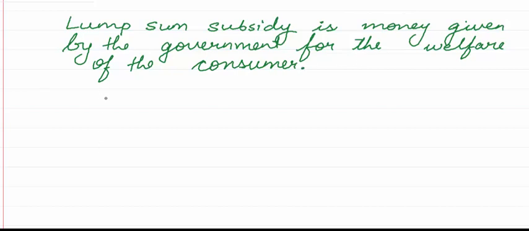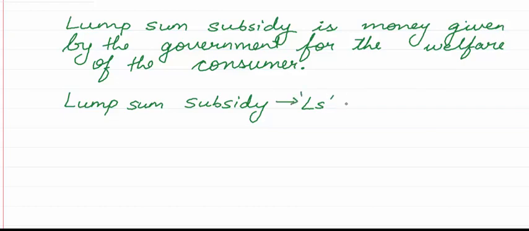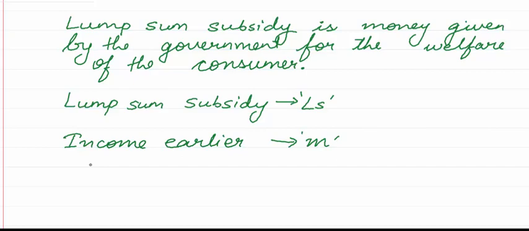Now let us see how will the budget line of the consumer change if a lump sum subsidy of LS amount is given to the consumer. So here, let the income of the consumer be M. So now the new income of the consumer becomes M plus LS.